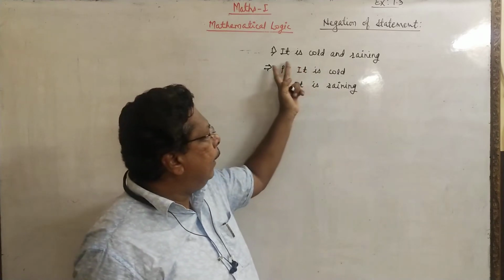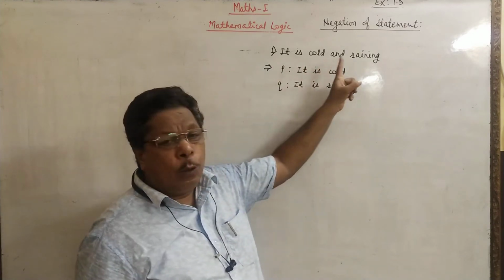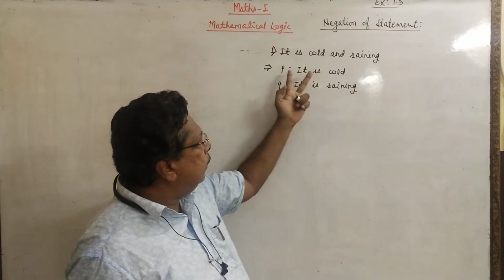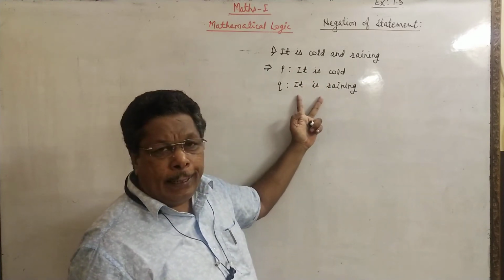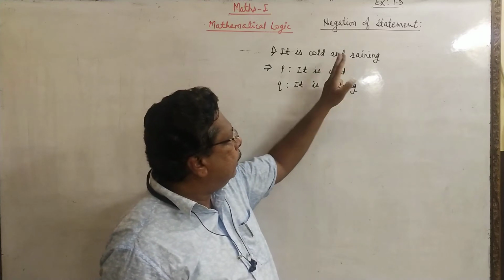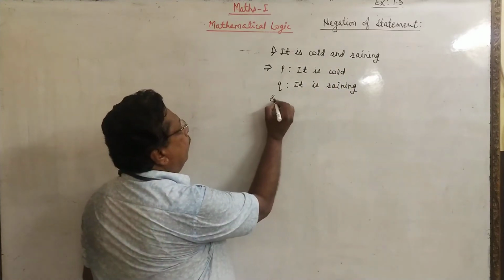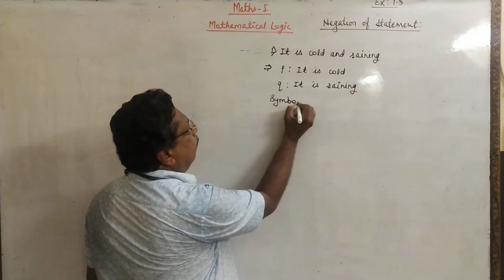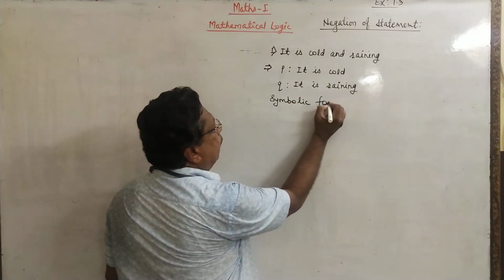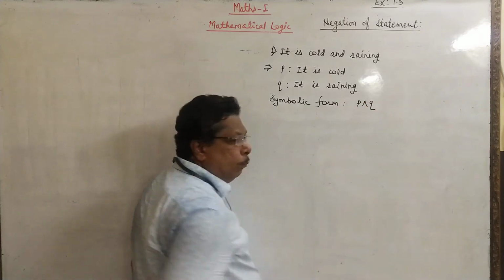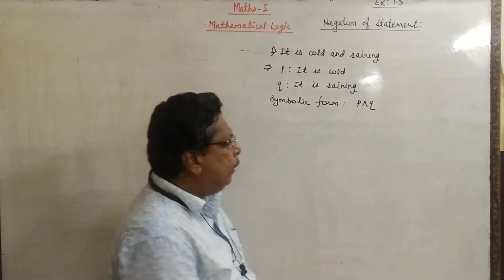We have to find the negation of the statement it is cold and raining. Statement P is it is cold, statement Q it is raining. These two statements are joined by the connective and. Then write down the symbolic form: P and Q. Then use the rule of negation.